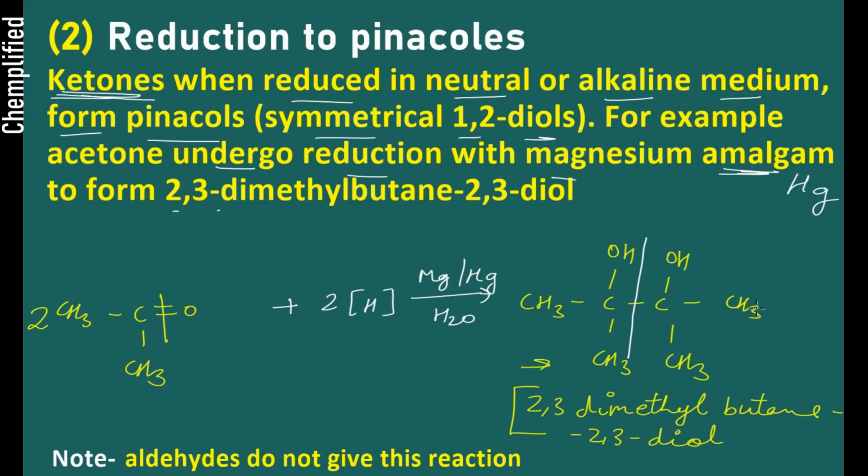So that's what happens when you reduce ketones, you will get pinacols. The medium is alkaline, basic medium. There are simple conditions that you should remember. Now there is a simple note. Aldehydes do not give this reaction. Remember this, aldehyde will not give you symmetrical 1,2 diols.